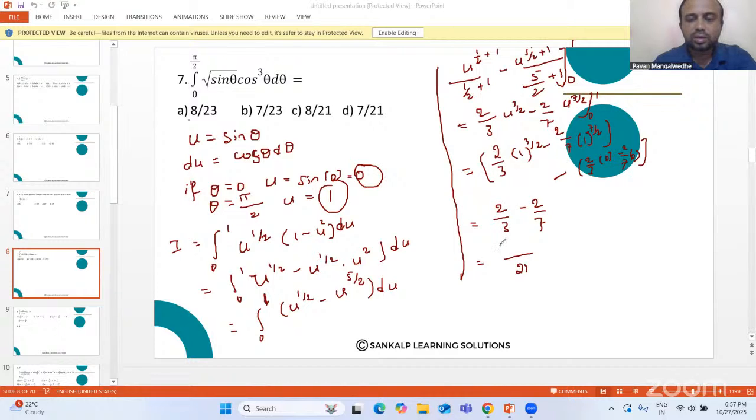That is 14 minus 6, which is 8 by 21. So 8 by 21, option C, is the correct answer. Try to note it down or just take the screenshot.